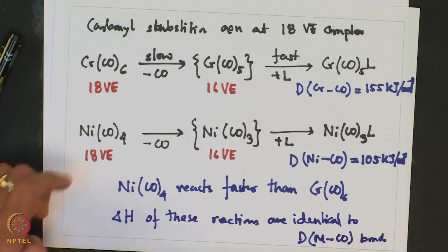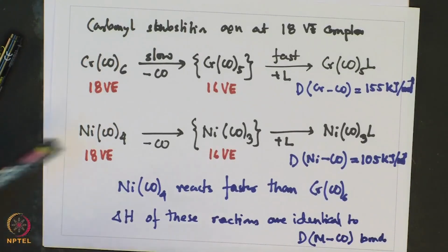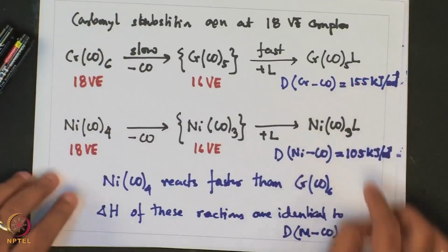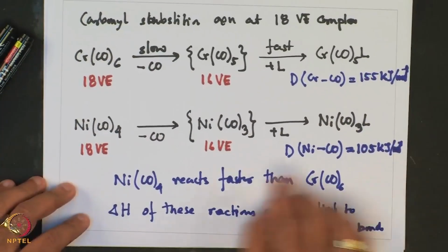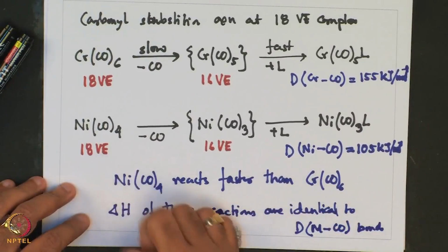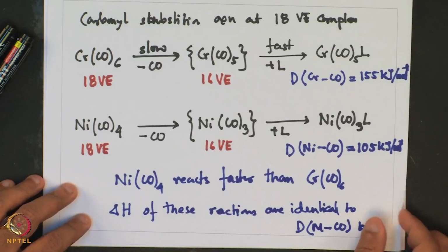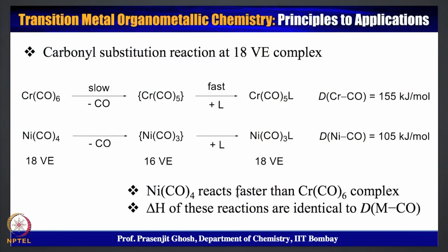So, as we saw, the nickel carbonyl bond was much weaker than the chromium carbonyl, hence the reactivity of nickel tetracarbonyl was much higher, or nickel tetracarbonyl substitution occurred much faster than that of the chromium tetracarbonyl.